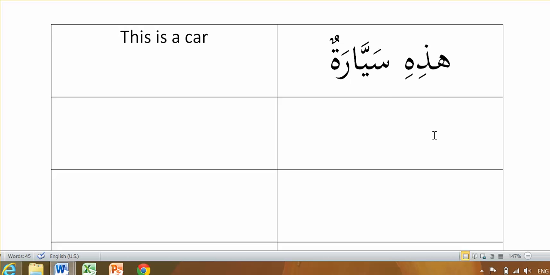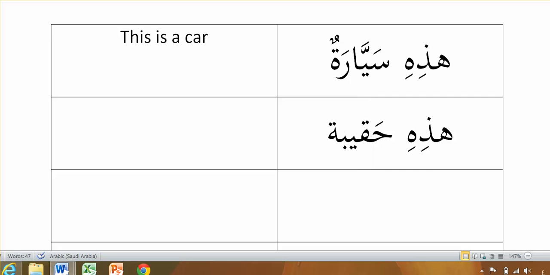If we were to use another word, let's say a bag. What's a bag? هذه هي حقيبة. So let's put in the vowels there. What vowel do we put on the ha?